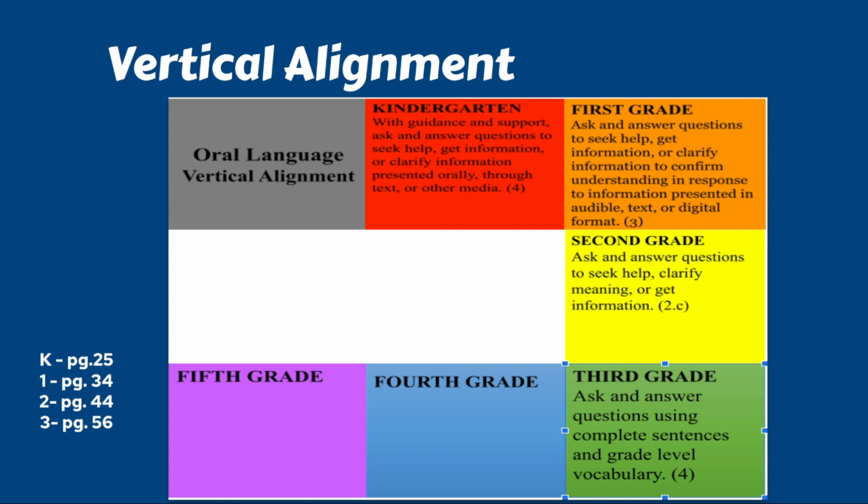They can independently ask and answer questions to seek help, get information, or clarify information to confirm their understanding of information presented in text or in the digital format. Standard 3 for first grade, standard 2C for second grade.